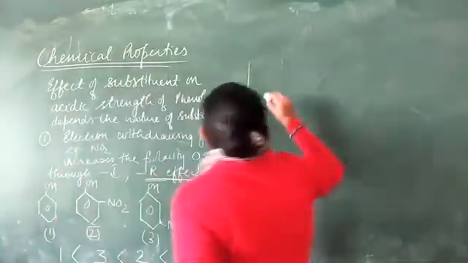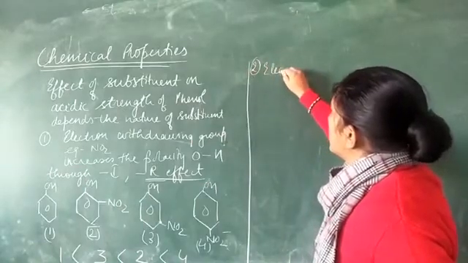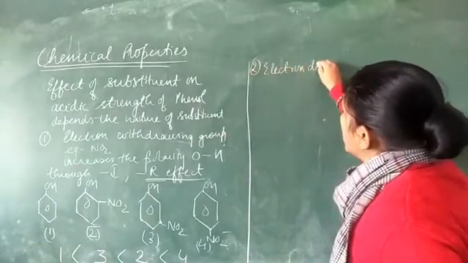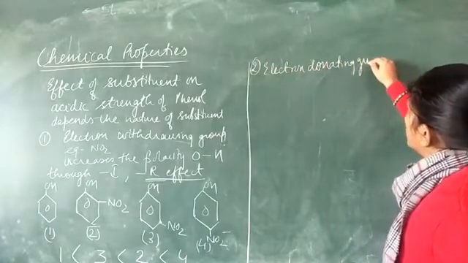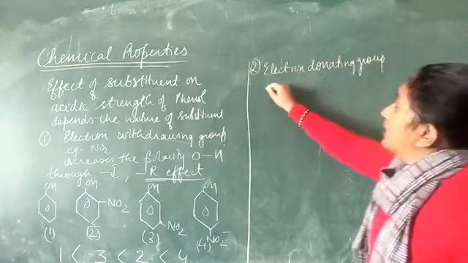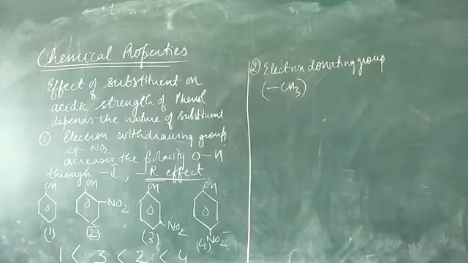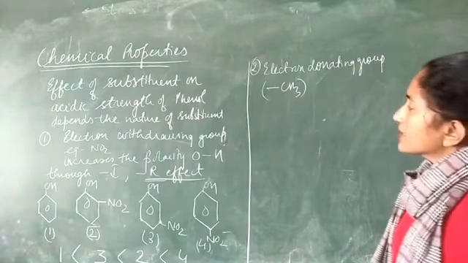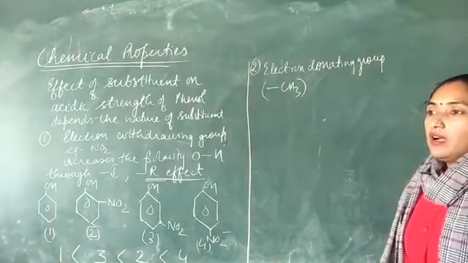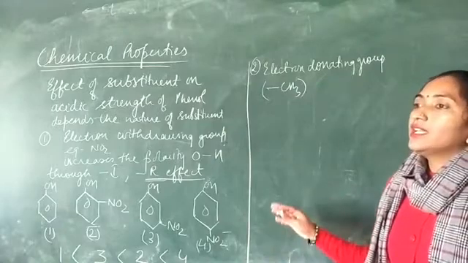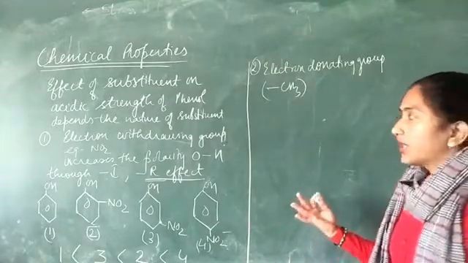Now, students, next is the electron donating group, like the alkyl group. Alkyl groups decrease the polarity of the O-H bond by increasing the electron density on the oxygen atom, right?